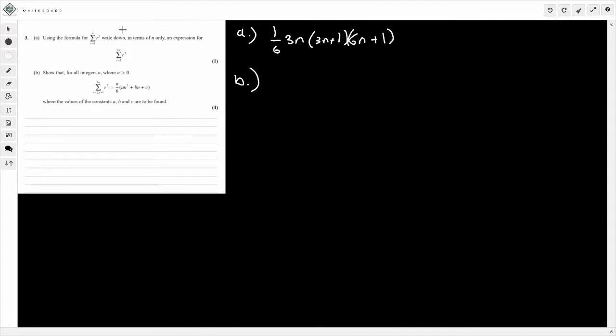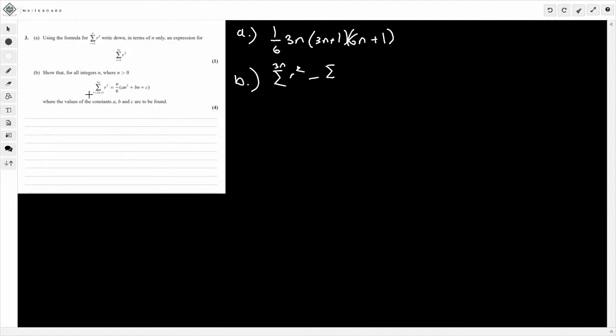For example, if I'm going from 1 to 3n, at some point I'm going to hit this term, 2n plus 1. But I don't want everything below that 2n plus 1. So what I'm actually going to do is the summation that we've just done in part A, so that's r squared up to 3n. I'm going to subtract, again, the summation with everything below the 2n plus 1.